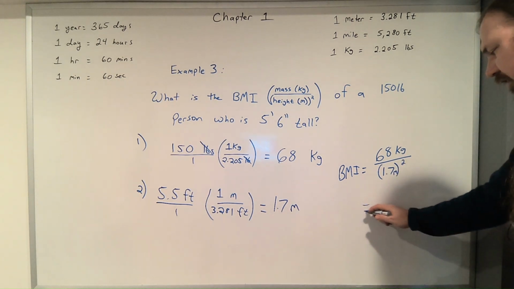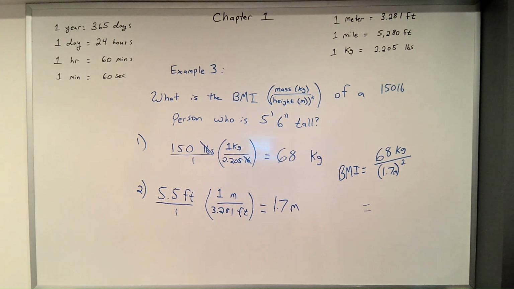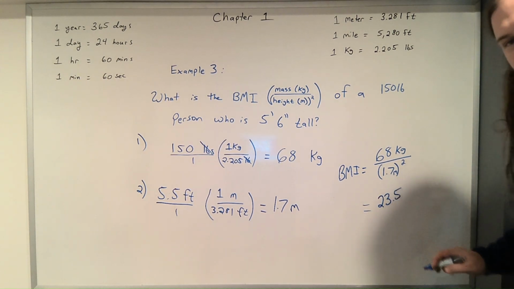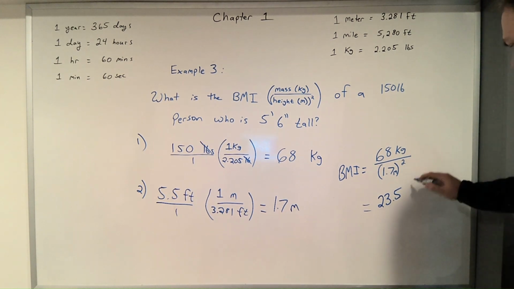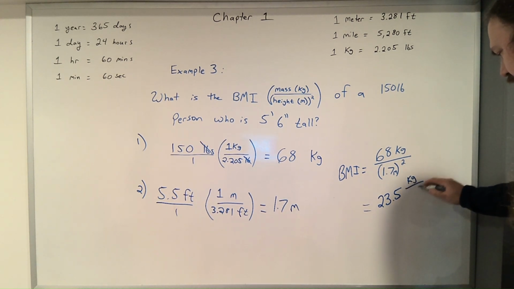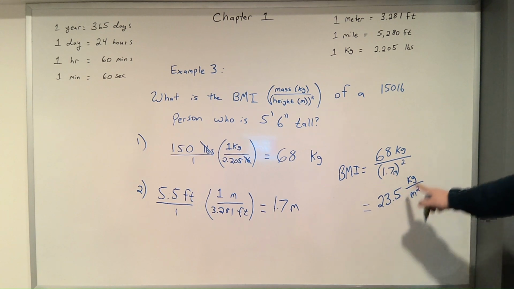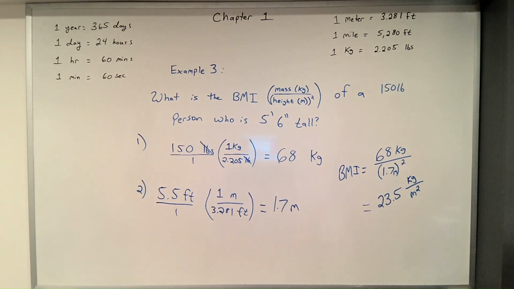So when you calculate this out, what do we get for the BMI? Should get around 23.5. And the units are kilograms over meters squared, because we squared the entire 1.7, which was in meters. So the meters also gets squared. Okay, units can be squared as well. 23.5 kilograms per square meters.